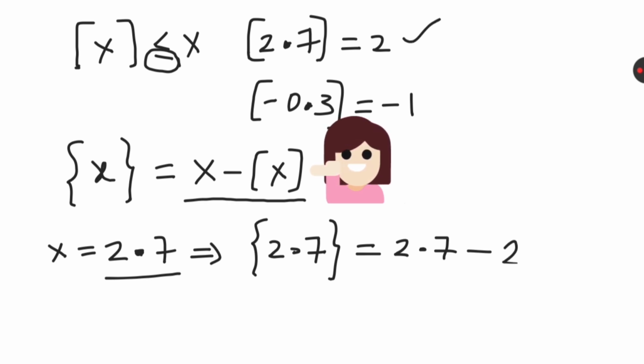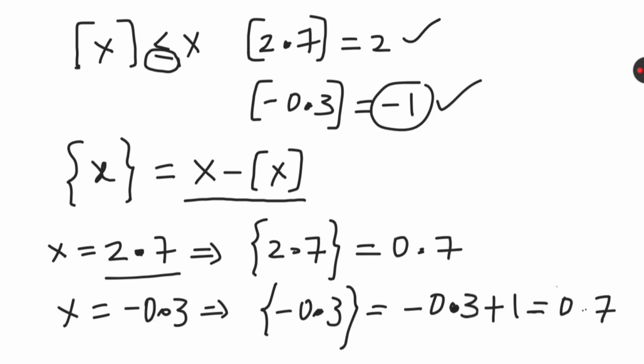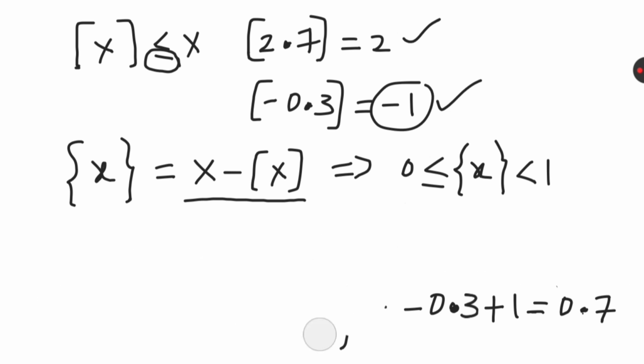That gives 0.7. So the fractional part of 2.7 is 0.7. Like that you need to find the fractional part of any given value. By definition, 0 is less than or equal to the fractional function of x, which is less than 1. That means the fractional function of x always lies between 0 and 1.